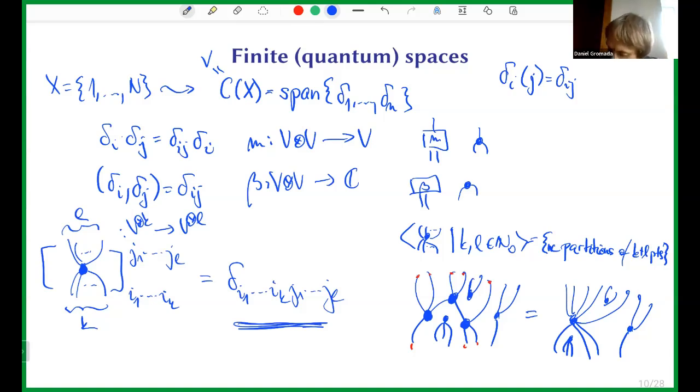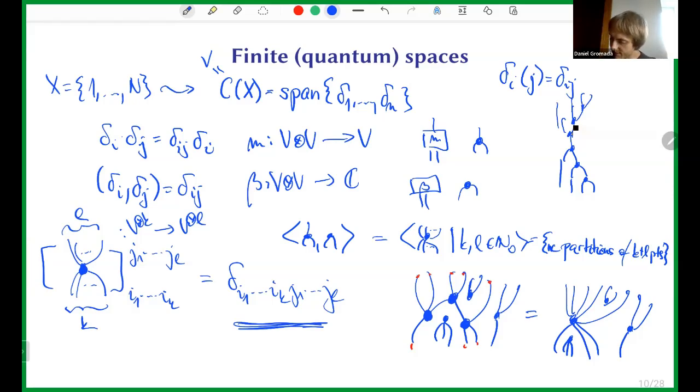And it actually turns out that these two particular partitions already generate all of them. So that's quite easy to see: if you have k inputs and l outputs, you can do k times this, and so on, and l times that, and you can produce any spiders.